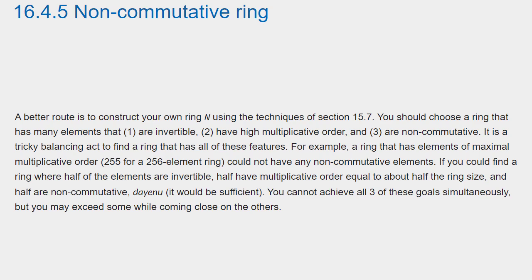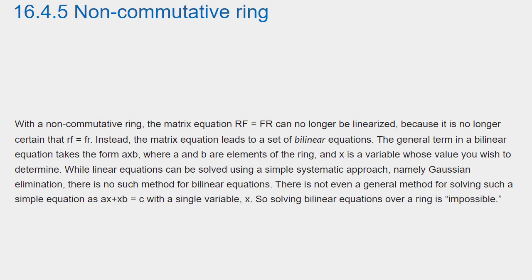If you could find a ring where half of the elements are invertible, half have multiplicative order equal to about half the ring size, and half are non-commutative, dayenu, it would be sufficient. You cannot achieve all three of these goals simultaneously, but you may exceed some while coming close on the others.